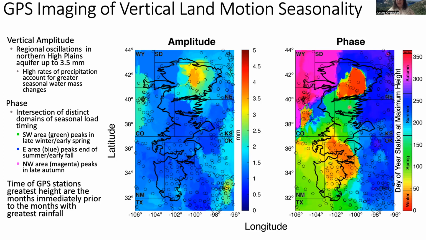So to the southwest, in this green and red, peak phase is in late winter to early spring. East, the peak phase is at the end of summer to early fall. And then the northwest has the peak phase in late autumn. So these patterns of motion fit with the broader timing of hydrological loading domains across the continental United States, and they further support that the seasonal deformation is explained by hydrological loading.